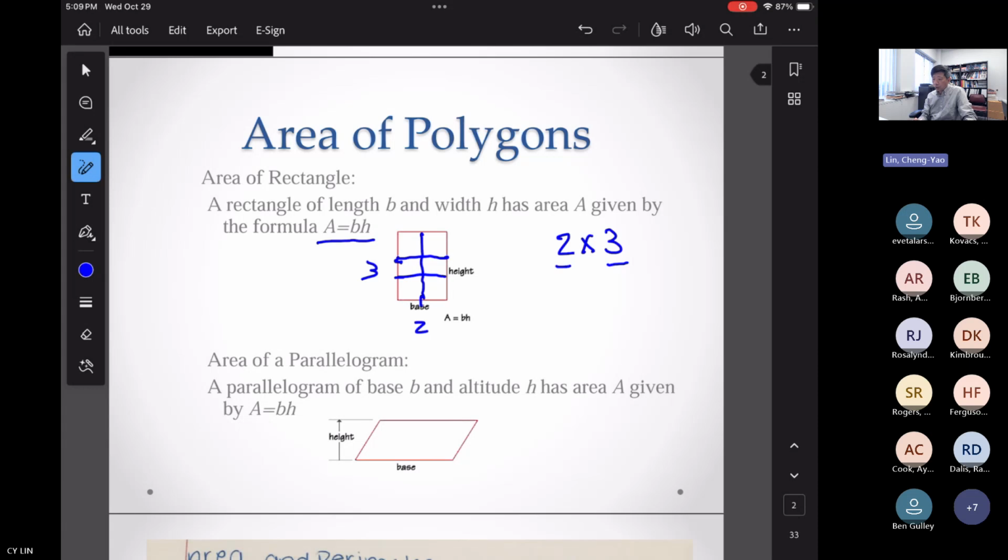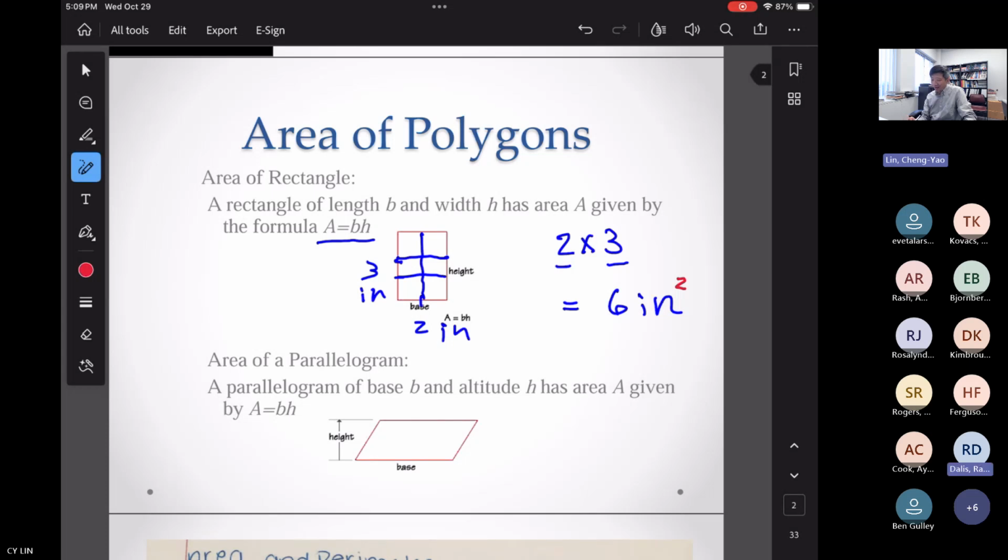So we have 2 times 3, which equals 6. Let's say we have 2 inches, and then this is 3 inches. So we have a total of 6 inches. Is that correct or wrong? It's incorrect. It's inches squared, right.